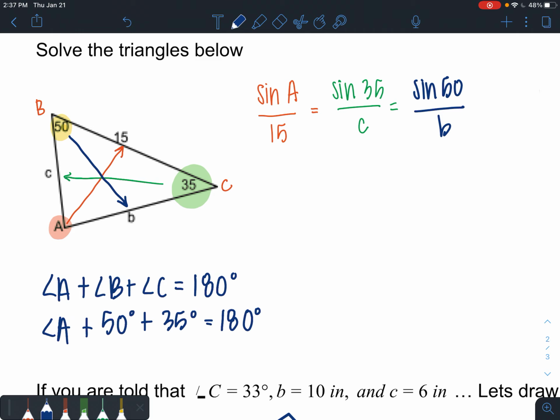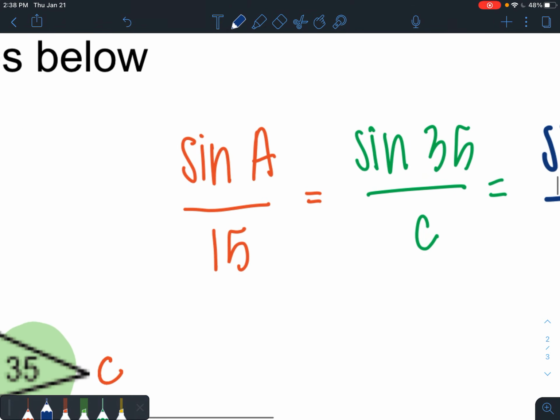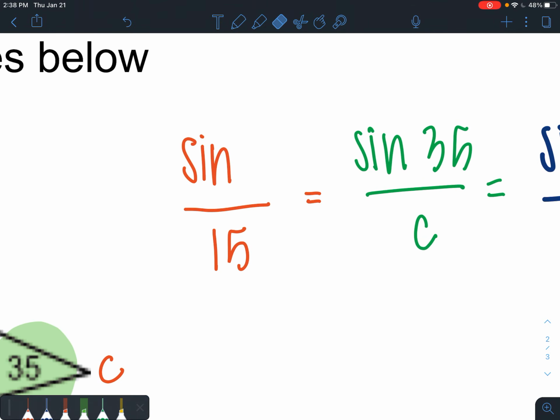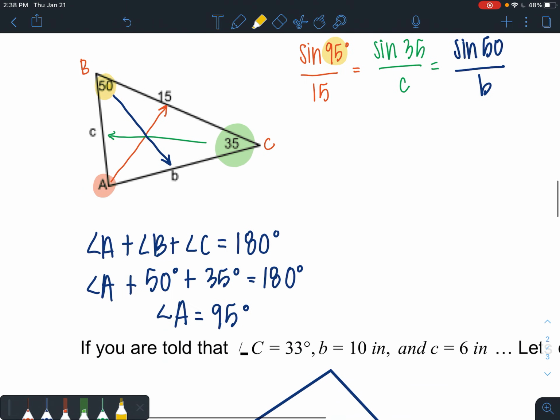When we solve that out, 180 minus 35 minus 50, we get angle A is equal to 95 degrees. So we're able to now replace it with that 95 that we just found. So we're finding sine of 95 degrees.